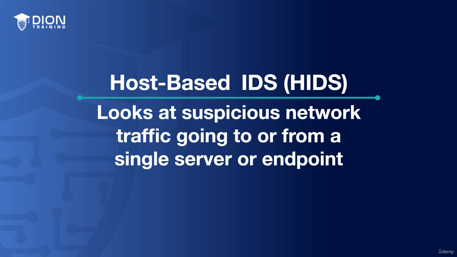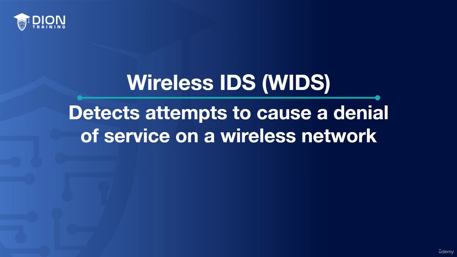This is going to be configured to look at suspicious network traffic going to or from a single server or endpoint, namely the thing it's installed on, as well as any suspicious processes that are running or files that are being accessed. A wireless IDS, or WIDS, is going to be focused on the wireless network. A wireless IDS is focused on detecting attempts to cause a denial of service on the wireless network, such as flooding authentication requests, disassociation attacks, deauthentication attacks, and other things like that.